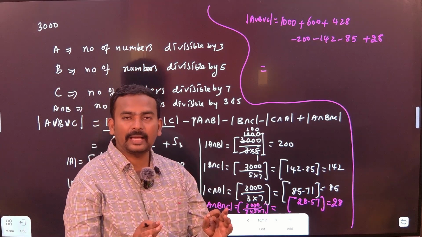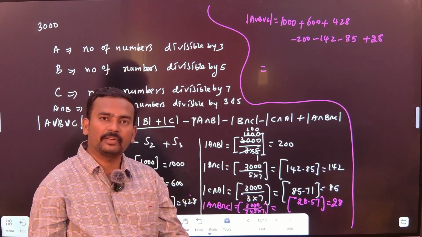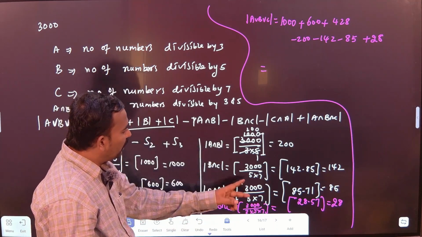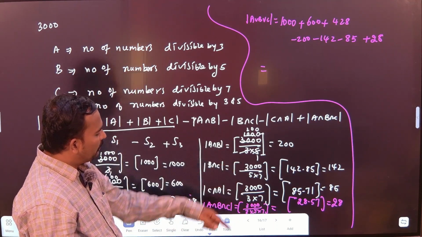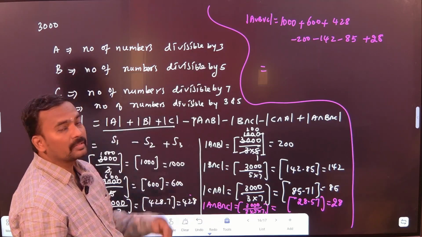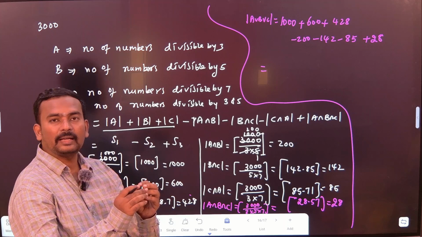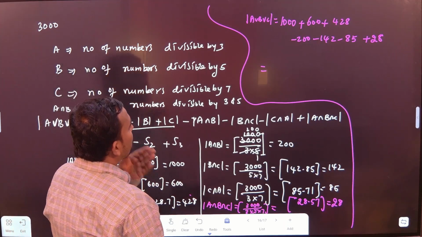We need exactly either 3, 5 or 7. So you have to remove the multiples of 15, 35 and 21. So that's why we are subtracting this. That is the inclusion-exclusion principle, right? Using that we can find out.